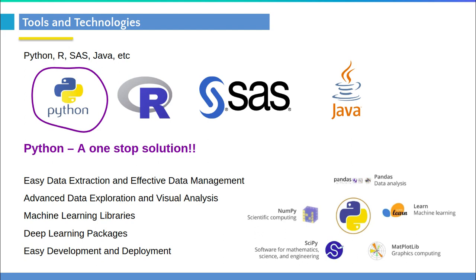So that's one of the reasons we choose Python as the primary language for some of the real-time projects we will be working on. We will be working on some case studies in this program. We will implement them using Python, and we will deploy them.